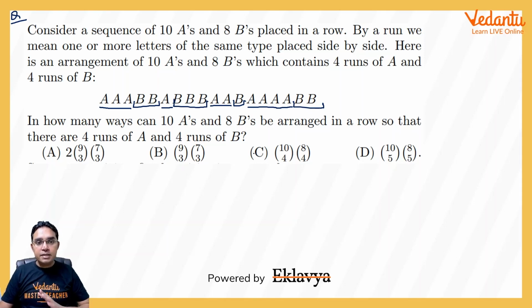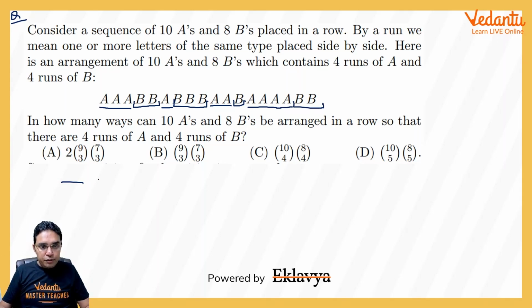Now let us understand how this can be done. I need 4 runs of A and 4 runs of B that should be alternate. Then only you will be able to differentiate one run from another run.